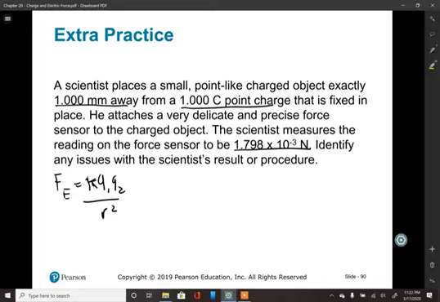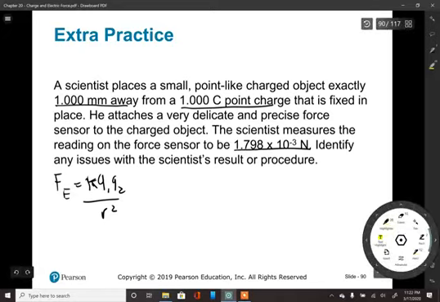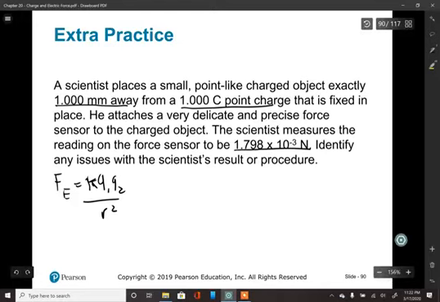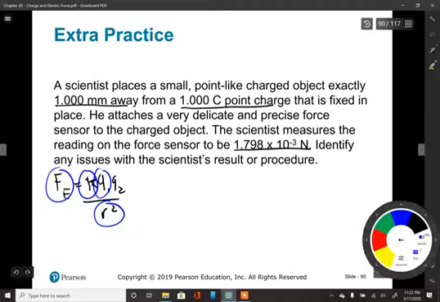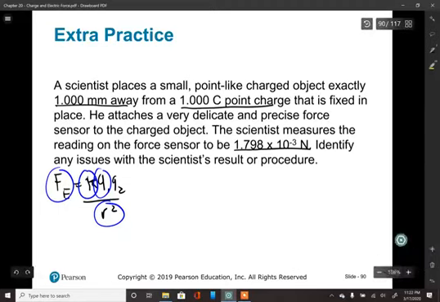But I can see that if I look at this equation, I know the force. I know K because it's a constant. I know R, and I know one of the charges. I could find what the other charge has to be. So I'm going to do that and see if that gives me any additional information. I plug in the values for the force, the distance, and K. Notice that the distance has to be in meters.